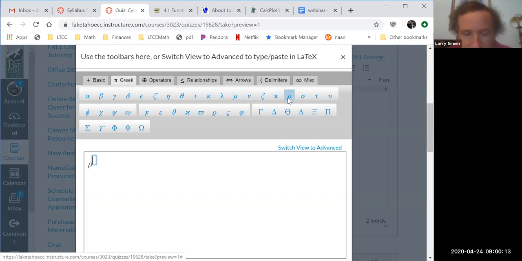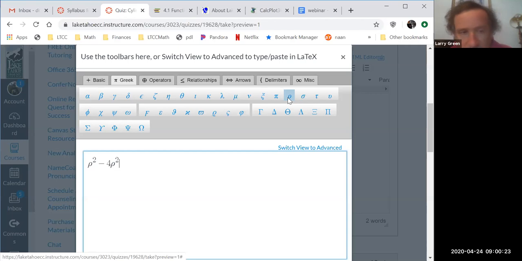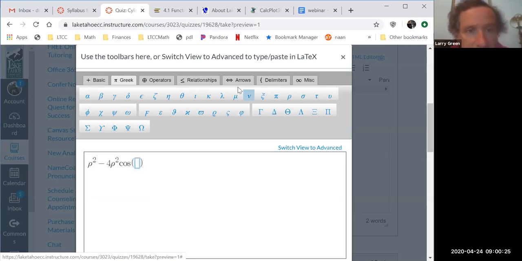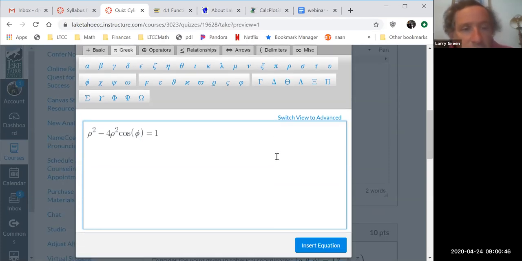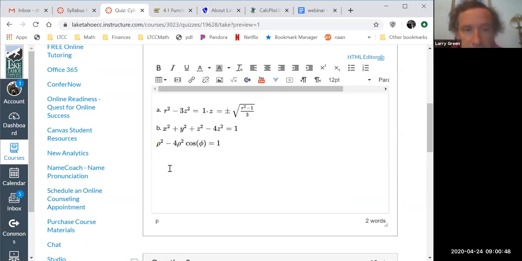So we have rho squared, and then minus 4 rho squared times the cosine of phi, squared. They look similar, that's the phi. Okay, and that was supposed to equal 1. Any questions so far?